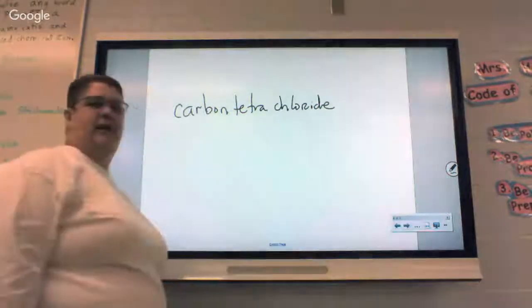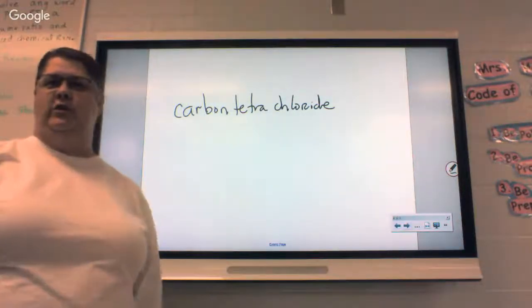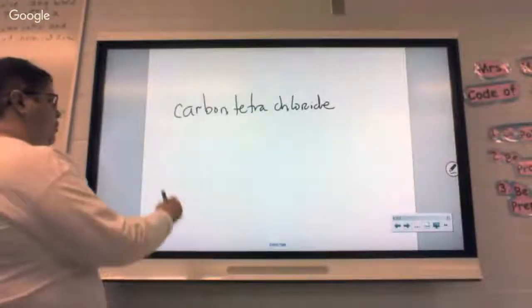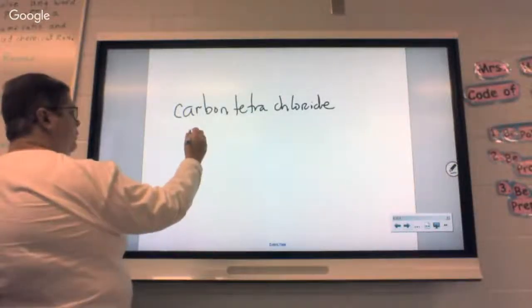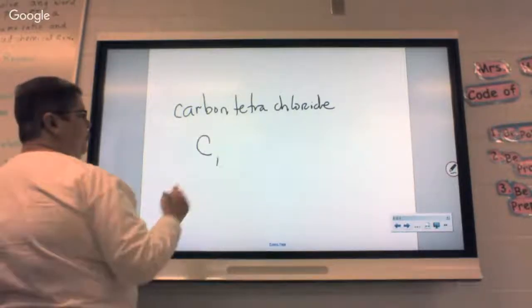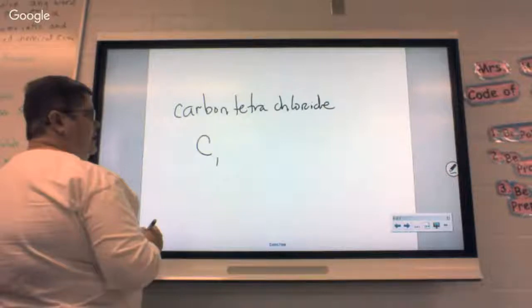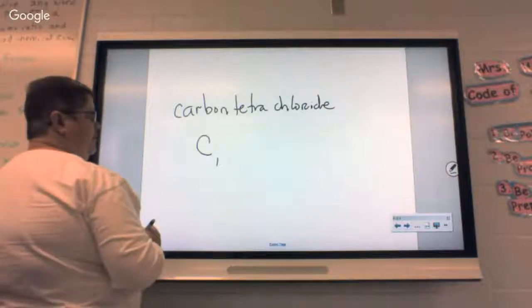If I said carbon tetrachloride, how would you use anything that's an old system? That's right. So carbon has what prefix on it? Nothing, right? That means there's no prefix, so no subscript.